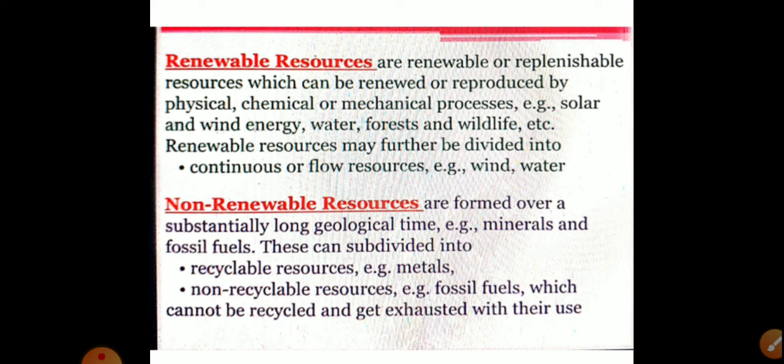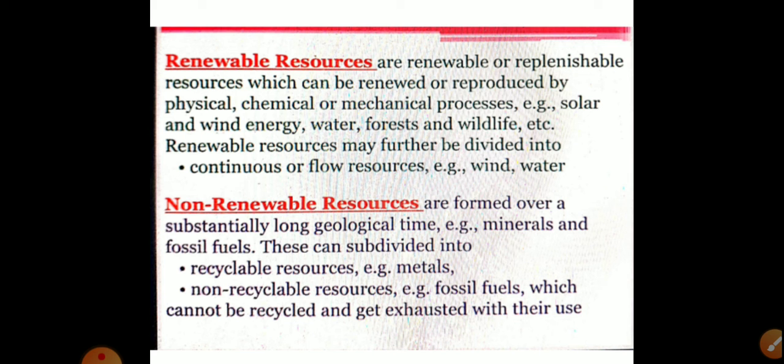Students, now we will talk about non-renewable resources. Non-renewable resources are those resources that cannot be replaced by any physical, mechanical or chemical process. They take millions of years to form and they occur over a long geological time.